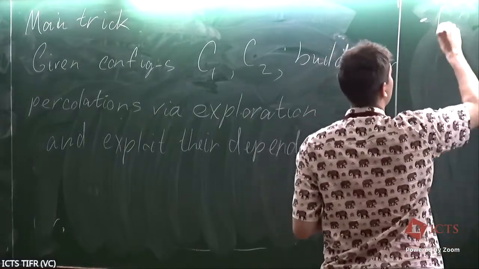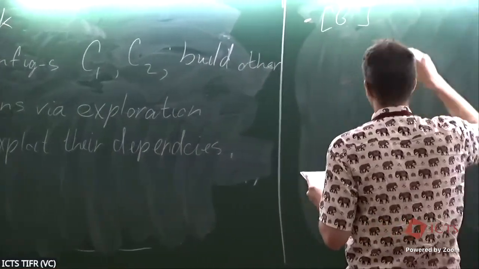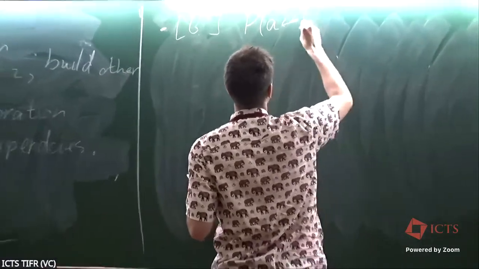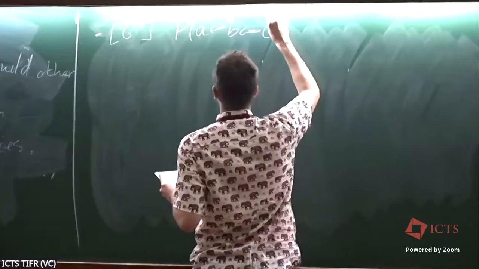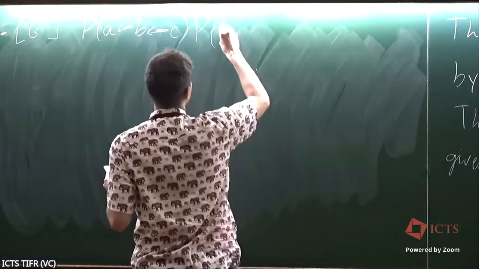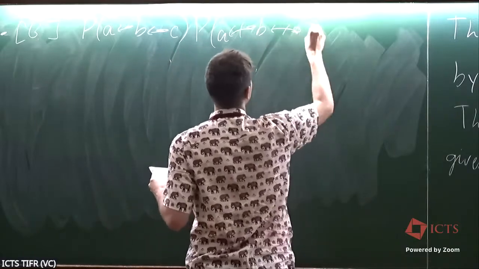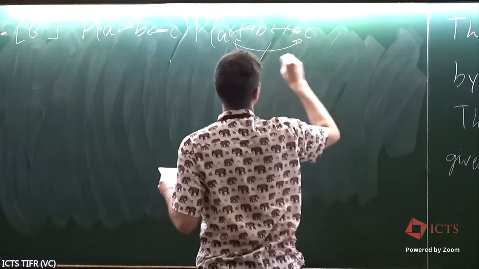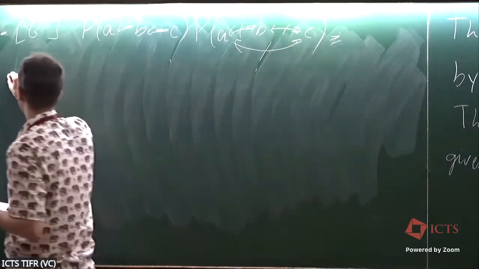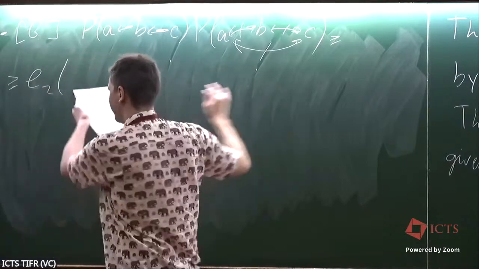So we have the following inequalities. One nice inequality, which I can give you, is that the probability that 3 vertices are in the same cluster times the probability that 3 vertices are in 3 different clusters is actually greater or equal than, sorry, I will write it as E2 to fit it on the board.